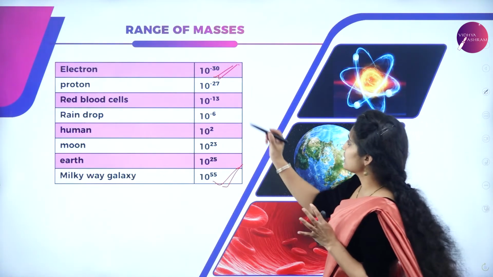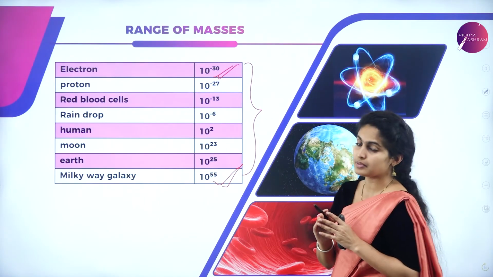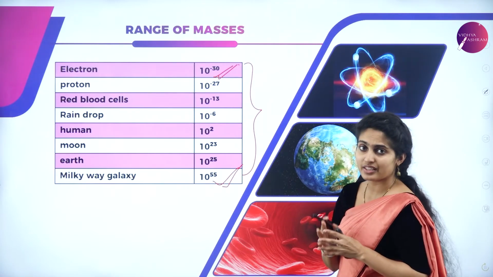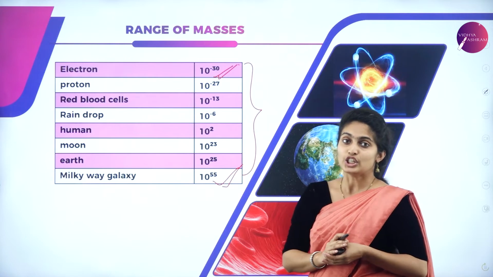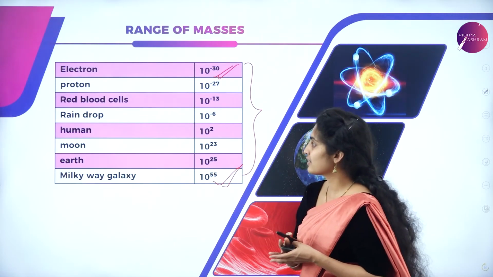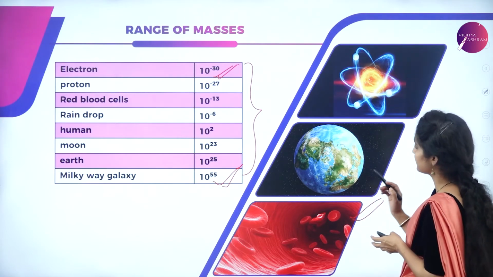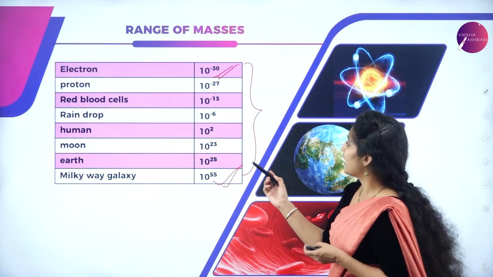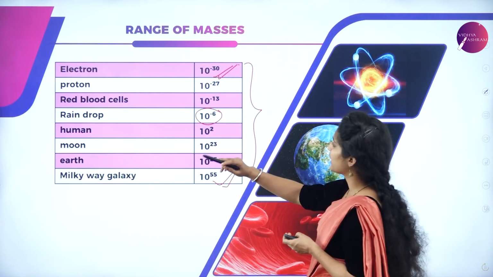Always from smaller to larger range we give. So from electron, it ranges around 10 to the power of minus 30 kg. The proton, the positively charged particle, ranges around 10 to the power of minus 27. Red blood cells in the human body range around 10 to the power of minus 13. Raindrops, like dew drops, range around 10 to the power of minus 6.